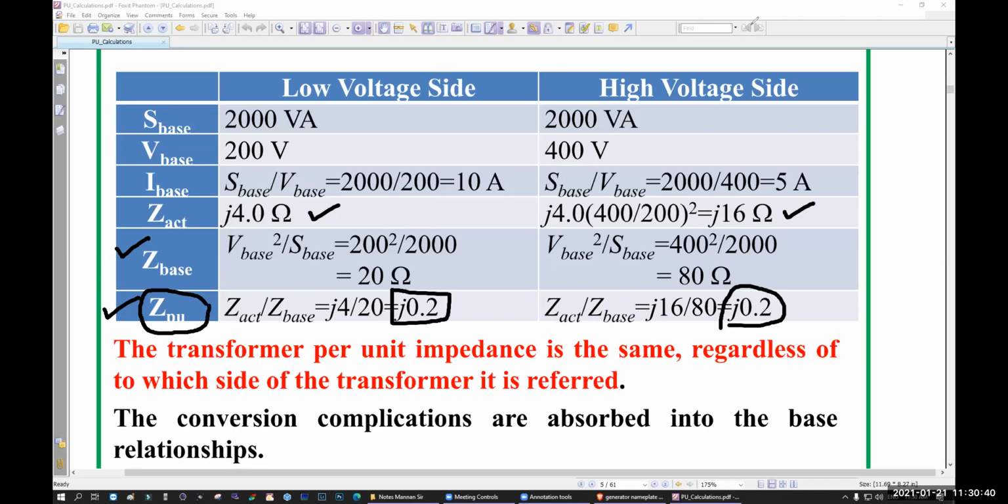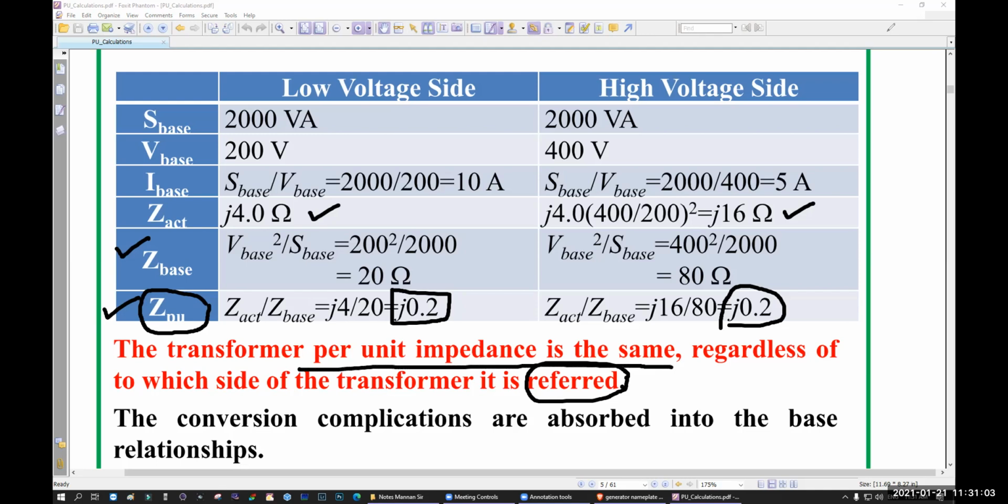Okay, the beauty of per unit is what? Your per unit reactance or impedance are actually the same. So the transformer per unit impedance is the same regardless of which side of the transformer is rated. Whichever side you take, the per unit impedance will be the same.